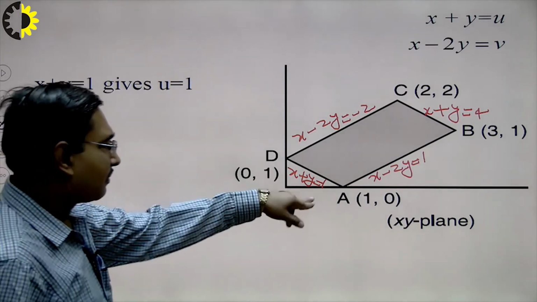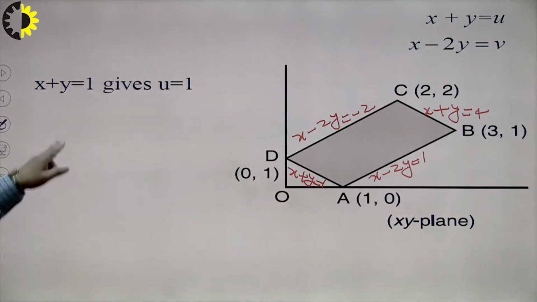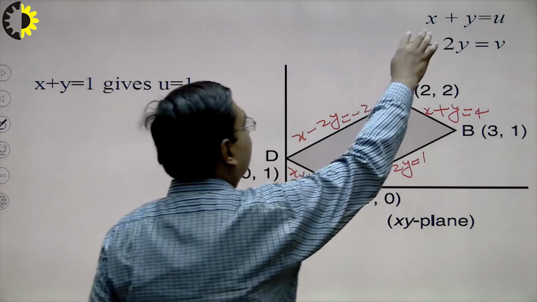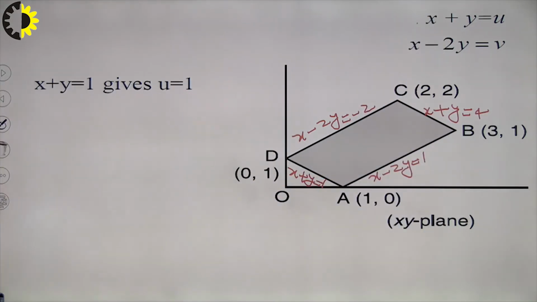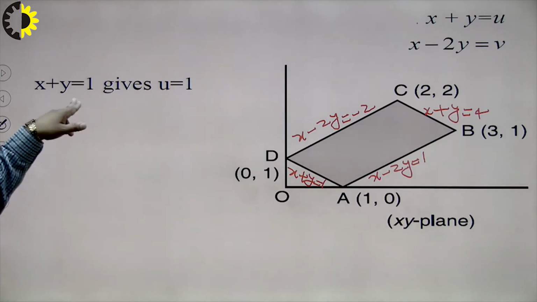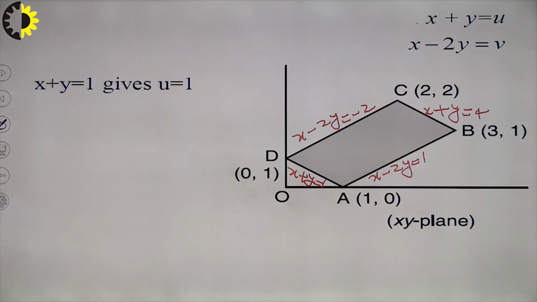The first boundary is x plus y equal to 1, because x plus y is nothing but u. It was our given substitution. So, substituting x plus y equal to u, I obtain u equal to 1.